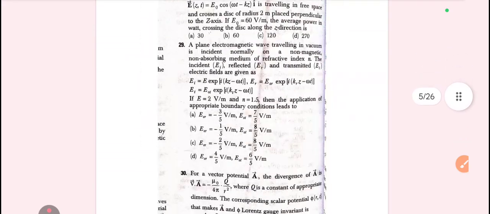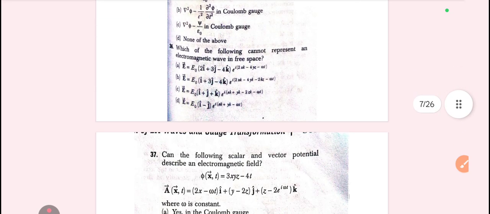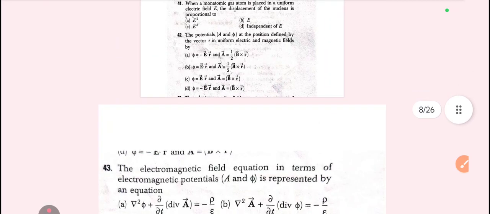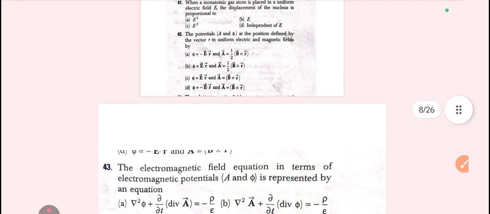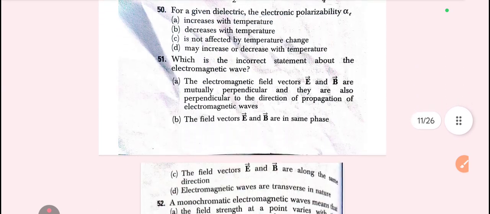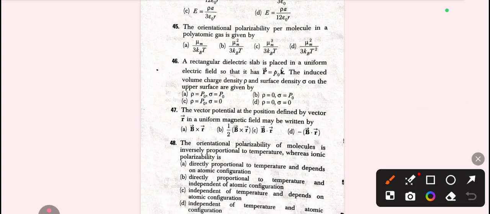Yes, question number 42. And here A equals 1 over 2 B cross R. The same answer is over here: A equals 1 over 2 B cross R is the vector potential.